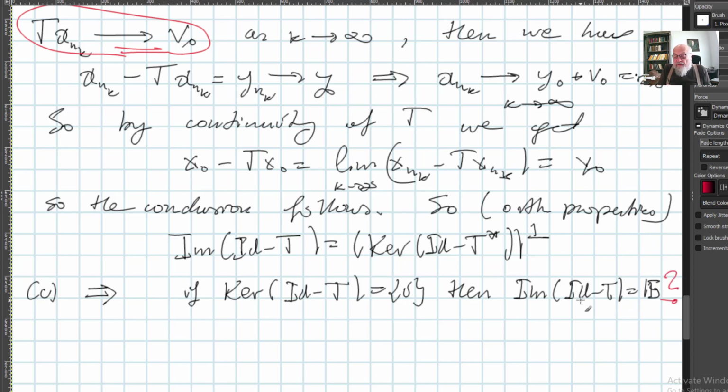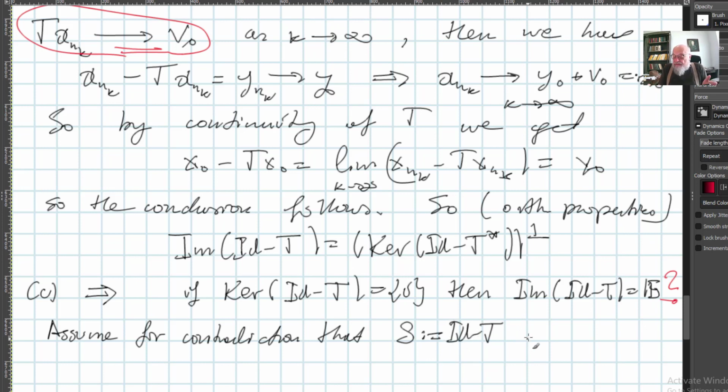So we argue by contradiction. Assume for contradiction that this operator, identity minus T, which I now denote by S, is injective.